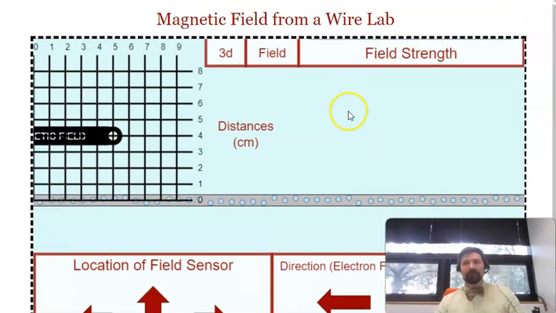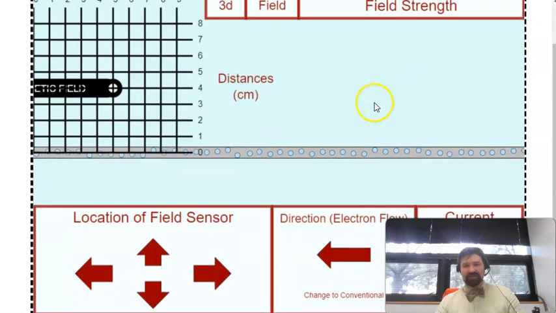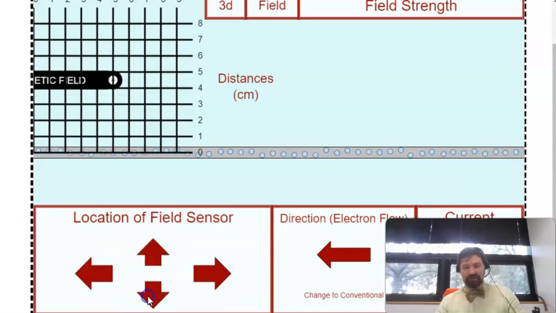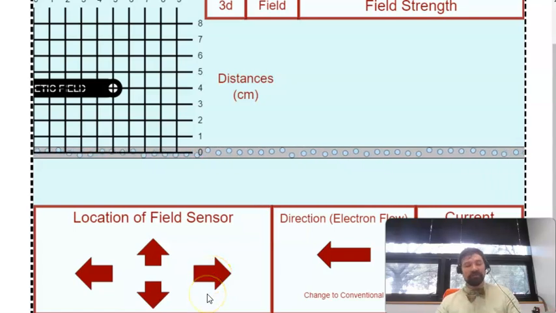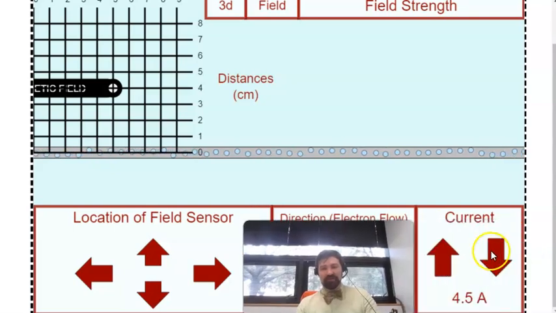Now what you're doing is basically measuring the field strength as a function of the position along X and Y of the sensor, which is moving this way and this way for X, and this way for Y. Only change either X or Y, but not both when you're measuring. And then current obviously is changing these two arrows.